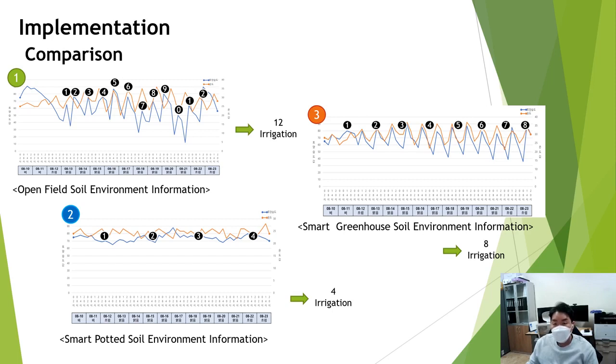As shown in the result of the analysis in the vegetable field, it was observed that as the temperature increased, the soil humidity decreased significantly and the amount of irrigation increased.